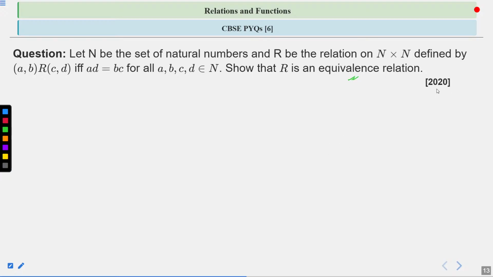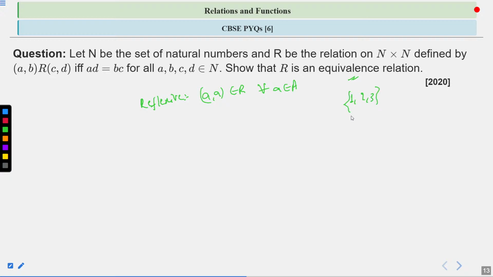This question has been asked in 2020. So what is the condition of an equivalence relation? The relation must be reflexive, symmetric and transitive. What is the condition of reflexivity? (a, a) must belong to R for all a belonging to capital A. Suppose we have the set 1, 2, 3.